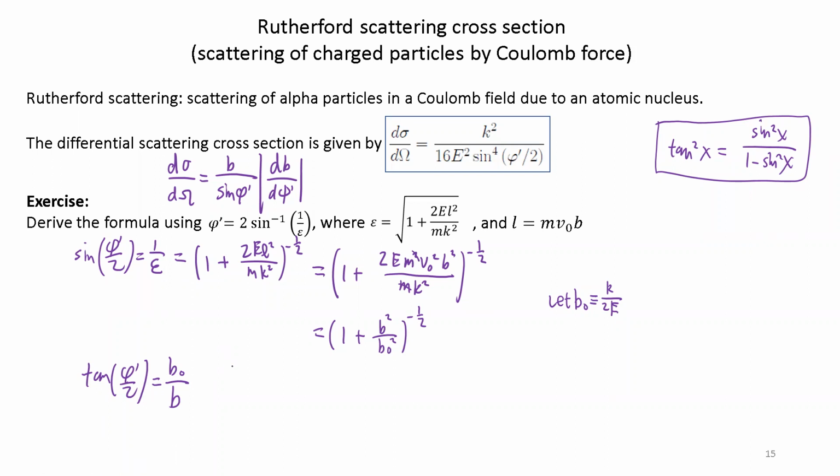For this one, we can see that db d phi prime is given by minus cosecant squared times b naught divided by 2.